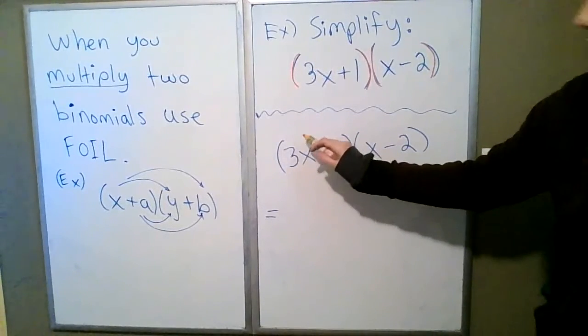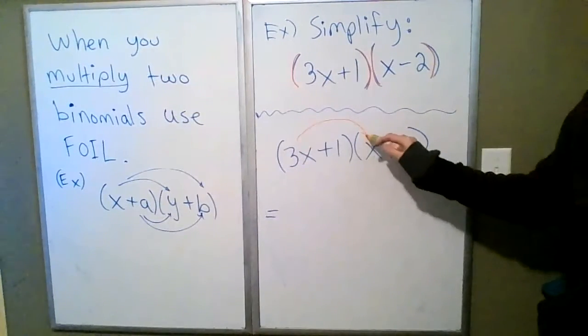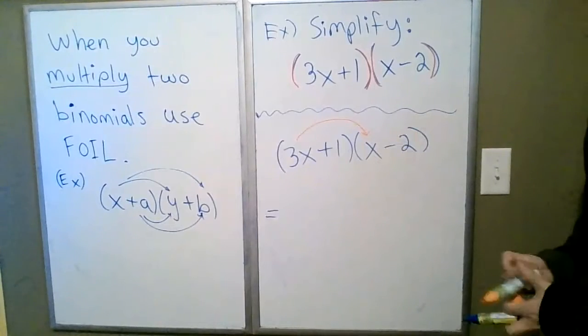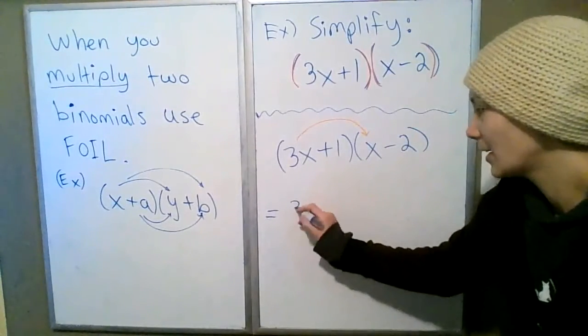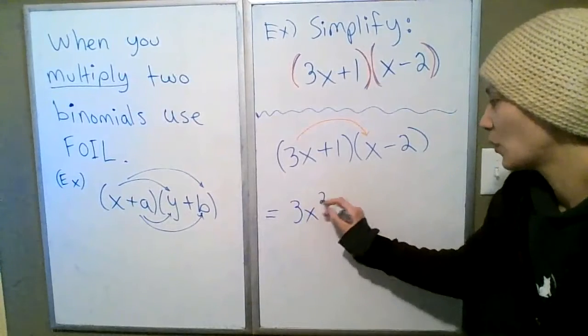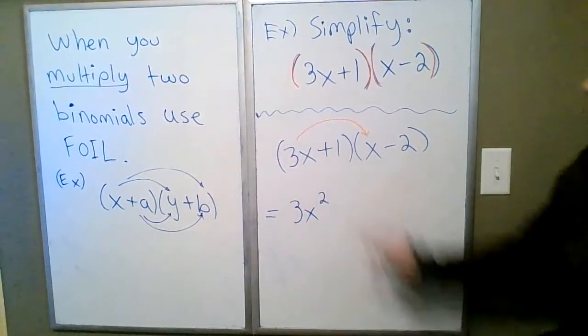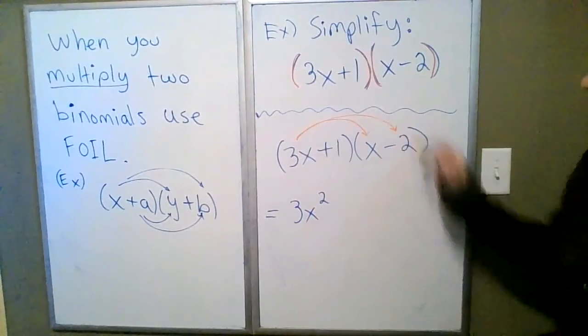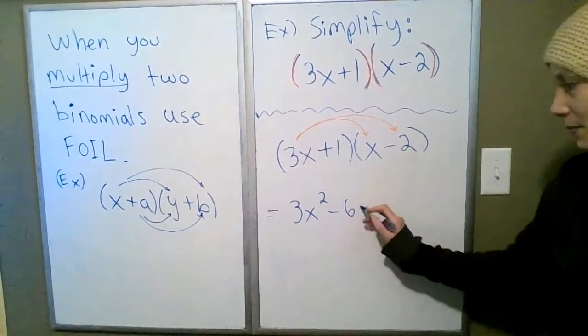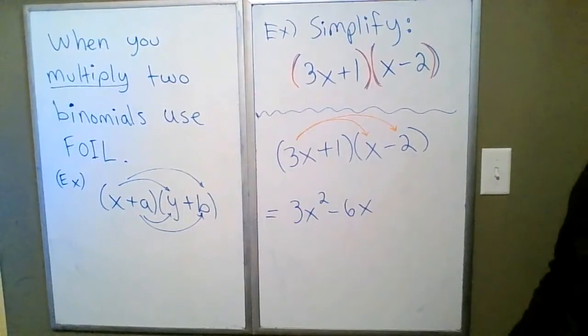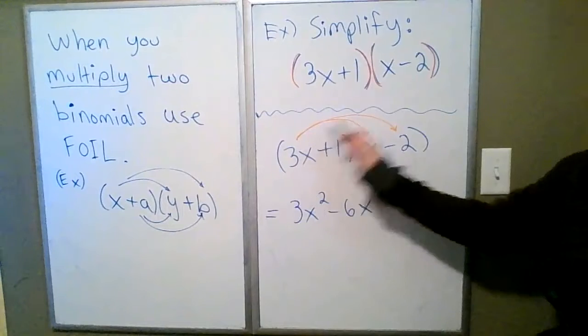F stands for first, the first term from each pair of parentheses. 3x times x is 3x squared. 3x times -2 would be -6x. So first, those are the outsides.